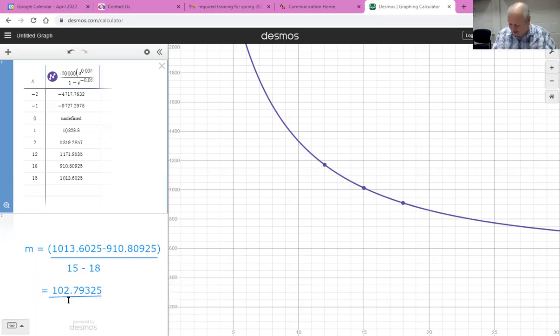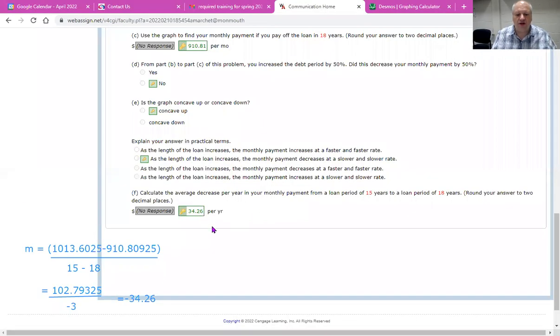Don't let that fool you. It is over -3. And then divided by -3, I'm getting -34.26. Okay, let's check to see if that's right now. There you go, 34.26 per year. It is a decrease, so it's going to be that. So I hope that helped you out a little bit with that question.